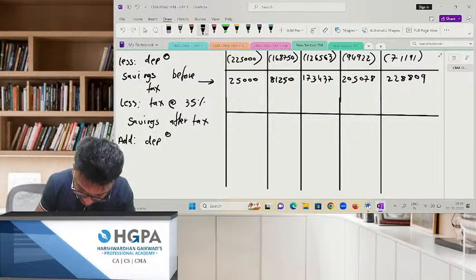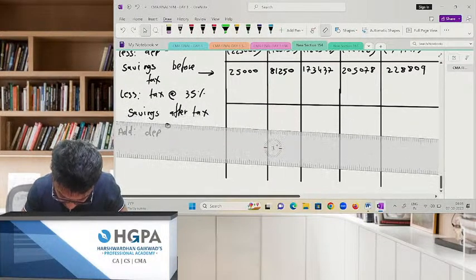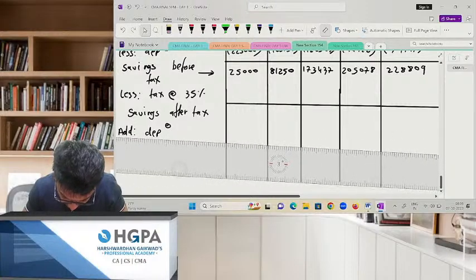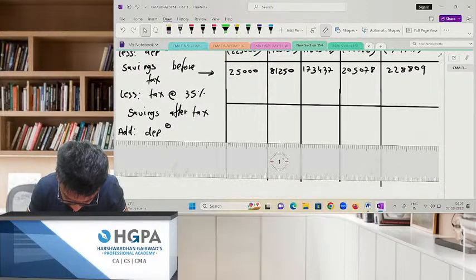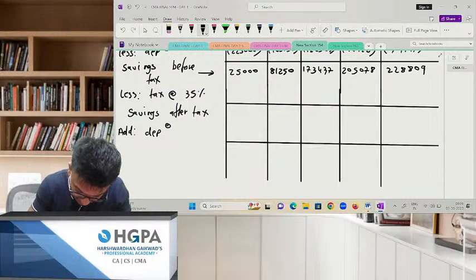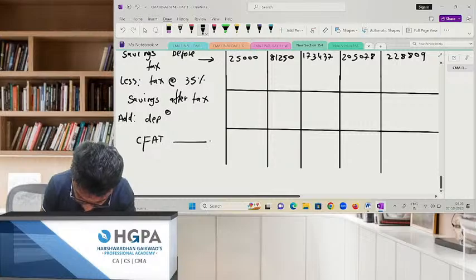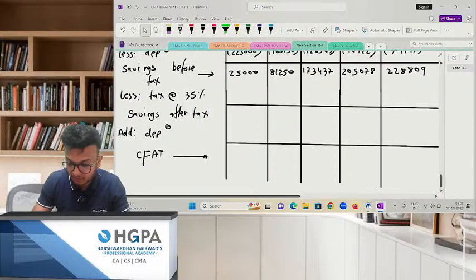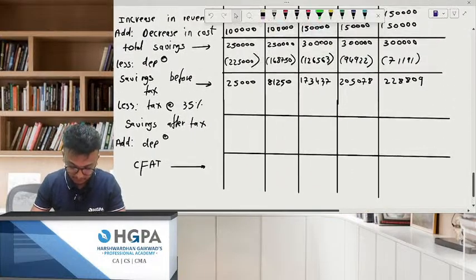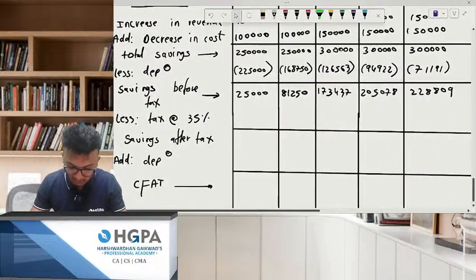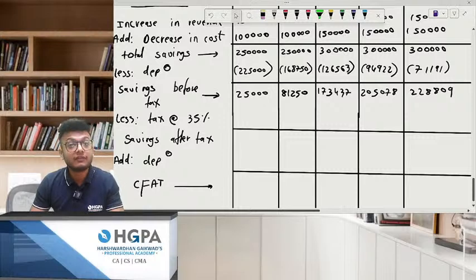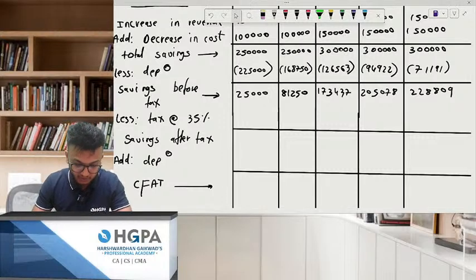Depreciation again, and then you will get what you want, and that is your CFAT. Chalo, tell me fast what are the CFAT figures? Anybody who has got it, at least tell me the first year figure.